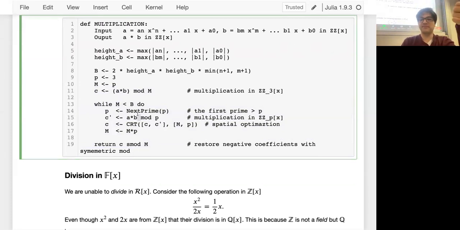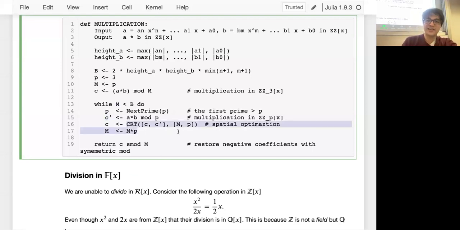Next prime is actually one of my favorite commands from Maple. Given P, it gives you the next prime after P. That's a new one. Then I'm going to find the next image, so I do A times B mod that new prime.